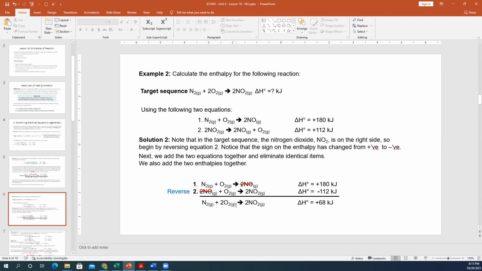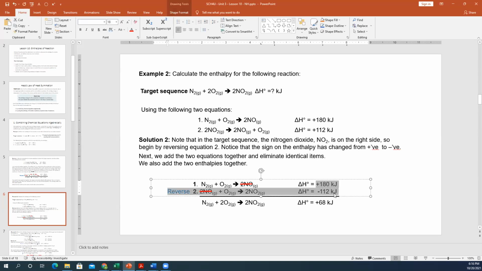So we are adding things. And then our 2 NO2 gas, we write it down here. And then we just mathematically add up our delta H values. Our plus 180 minus 112 gives us plus 68 kilojoules.